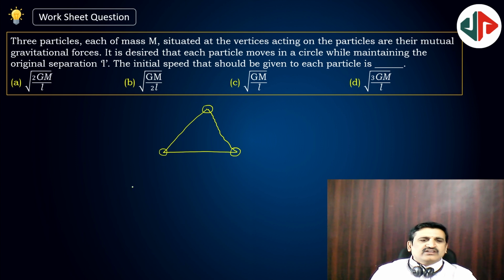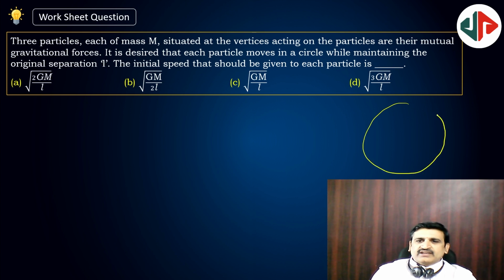Instead of this, I'll first draw a circle because they are on a circle, right? Now here is one mass, here is another mass, and here is another mass. So three masses are there, and their initial separation is L. Not drawing good.